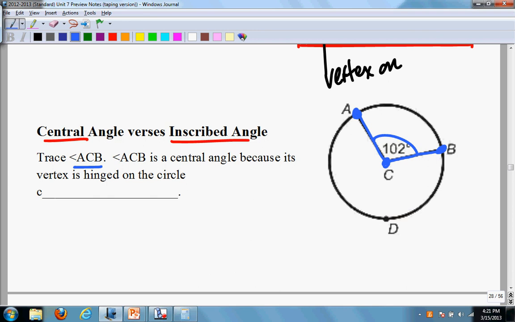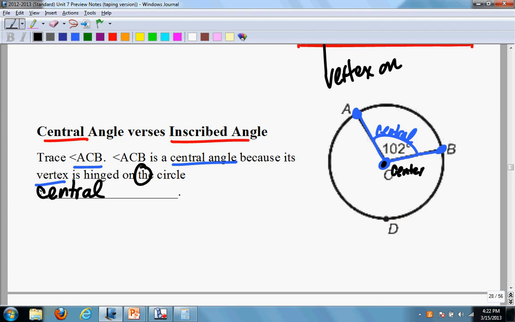That blue angle is a central angle. Why is it a central angle? Because its vertex is on the circle's center. That's why it's called a central angle. So you were introduced to this as the pie slice angle. That's a central angle.